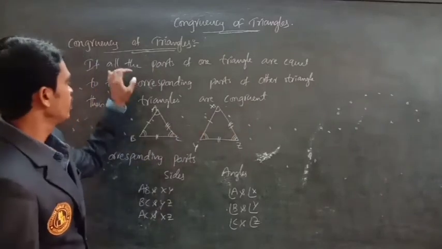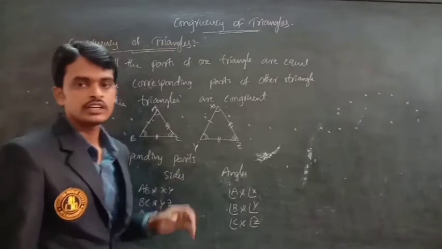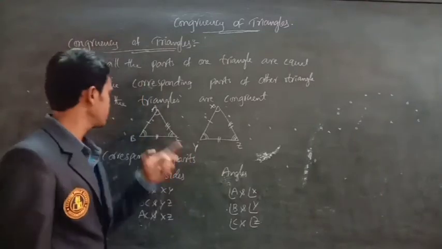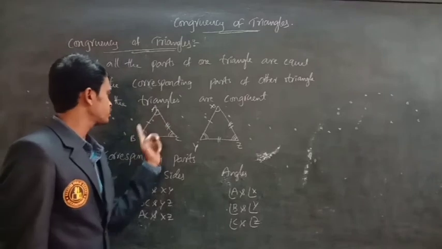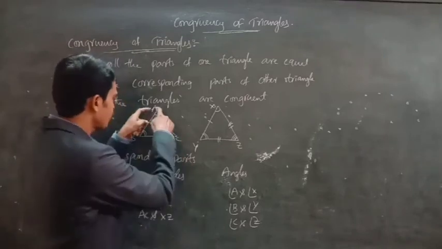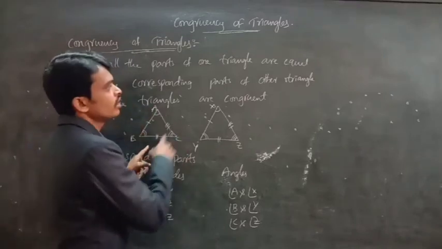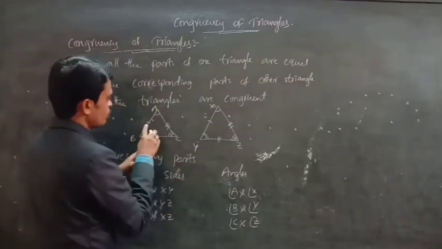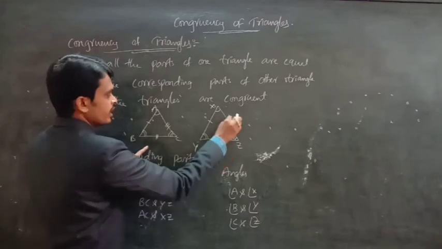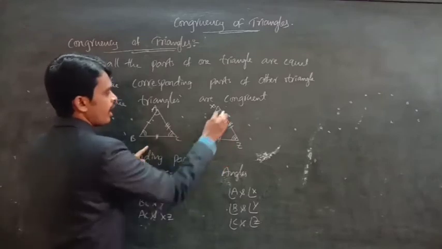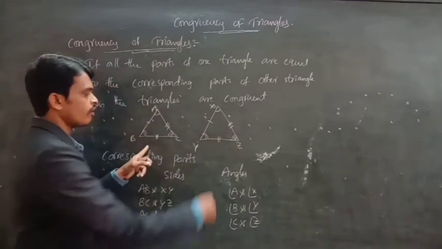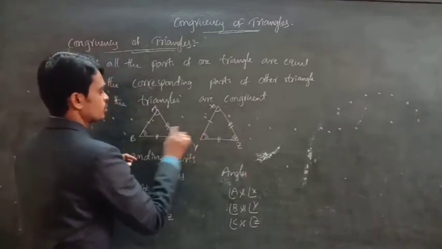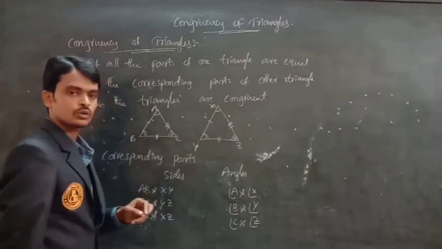Here, all the parts, nothing but the 6 elements of a triangle, 3 sides and 3 angles of one triangle, are equal to the corresponding sides and angles of another triangle, then the two triangles are congruent.